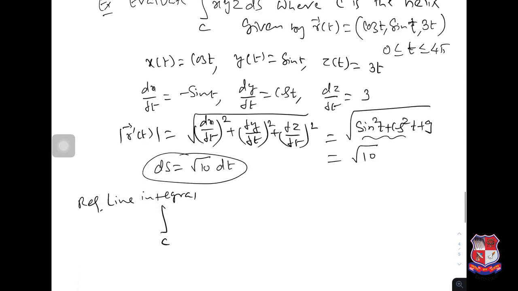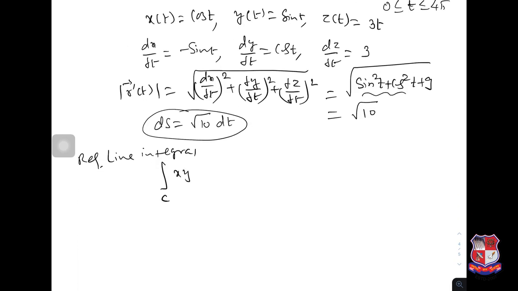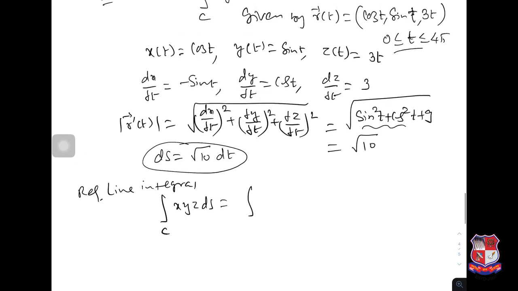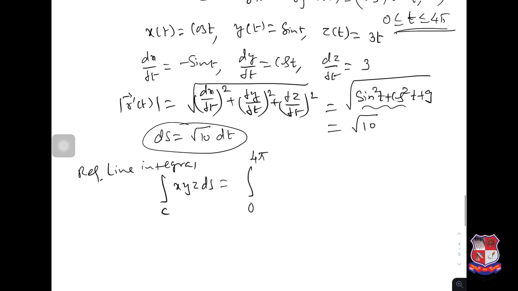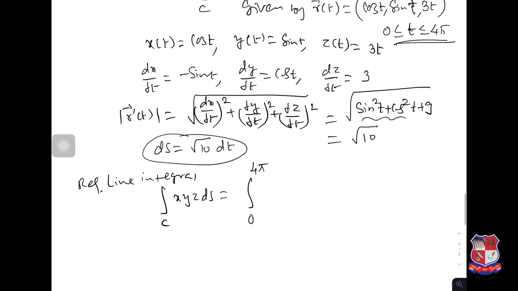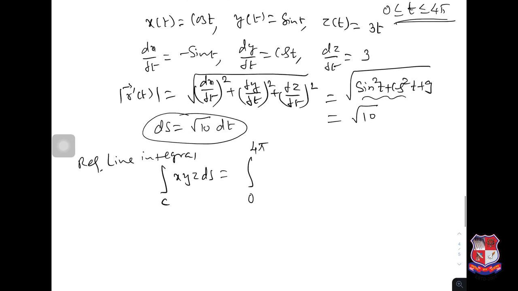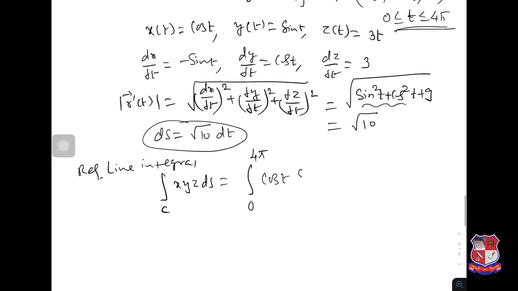integration along C of x y z ds. Now t is from 0 to 4 pi. So 0 to 4 pi, that is our t. x is cosine t, y is sin t, z is 3t, and ds is root 10 dt.